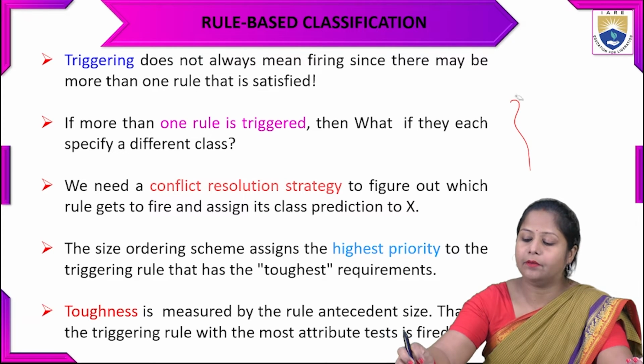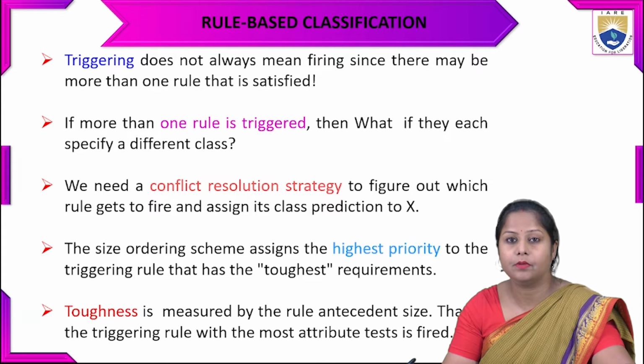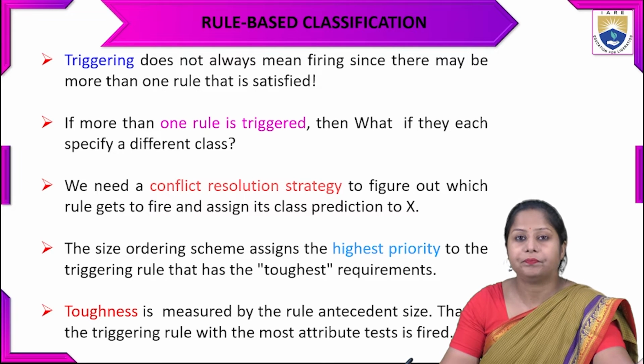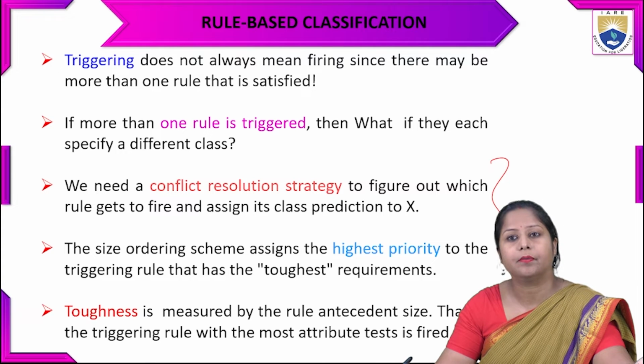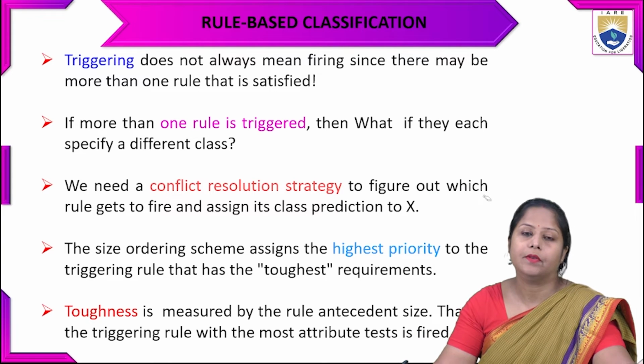So we need conflict resolution, because there would be many class labels because of those rules. So for that we need a conflict resolution strategy to figure out which of the rules is going to fire.